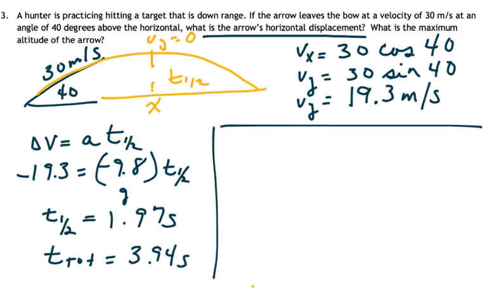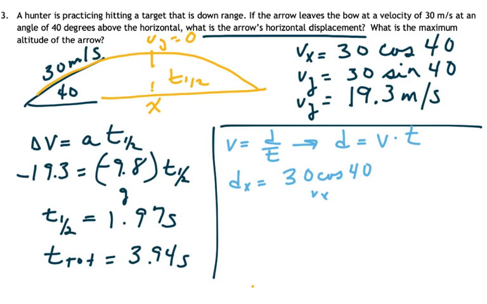All right, so it didn't ask us for the time. It wants to know the total distance that it traveled in the x direction. So velocity is equal to distance over time. So distance is equal to velocity times time. We know our velocity in the x direction is equal to 30 cosine 40.